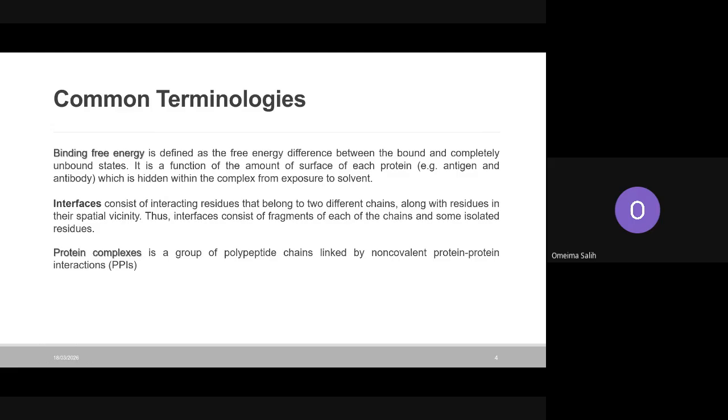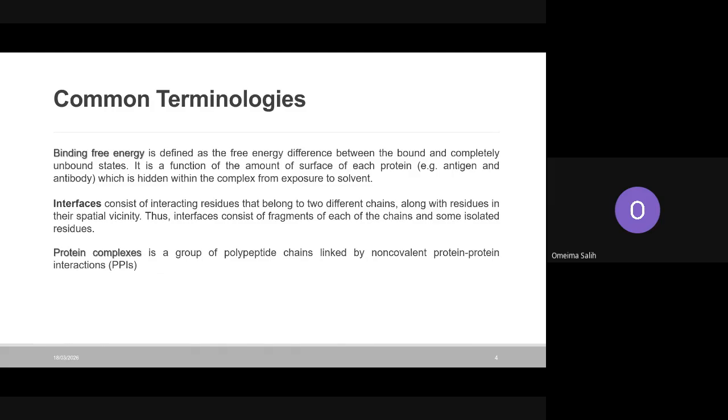Interfaces is a term that defines the interacting residues that belong to two polypeptides. Usually within this interface, there are a number of amino acid residues that get into chemical reaction between the side chains of the amino acids that constitute the two polypeptides.